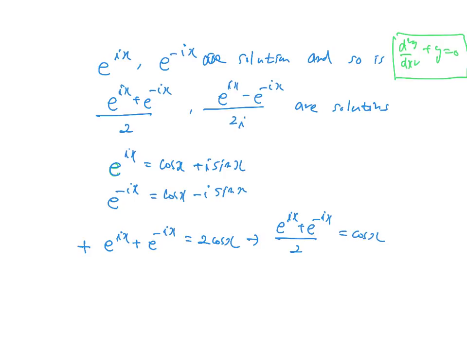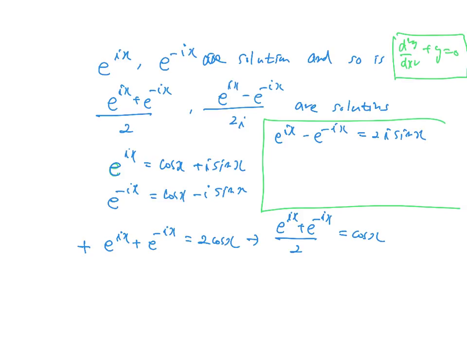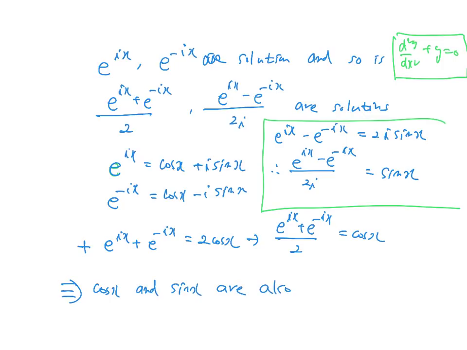For the subtraction, exponential ix minus exponential minus ix is 2i sine x. So exponential ix minus exponential minus ix over 2i is sine x. From this we can see that cosine x and sine x are also solutions of this equation.